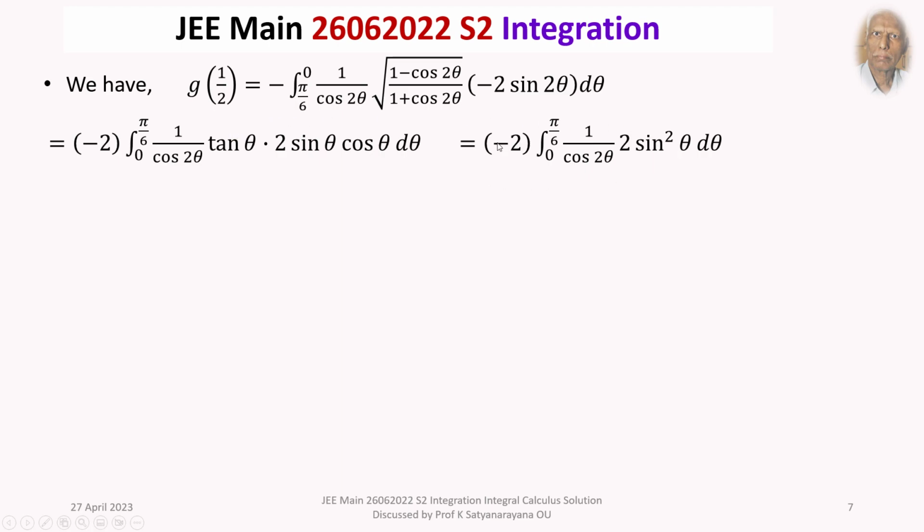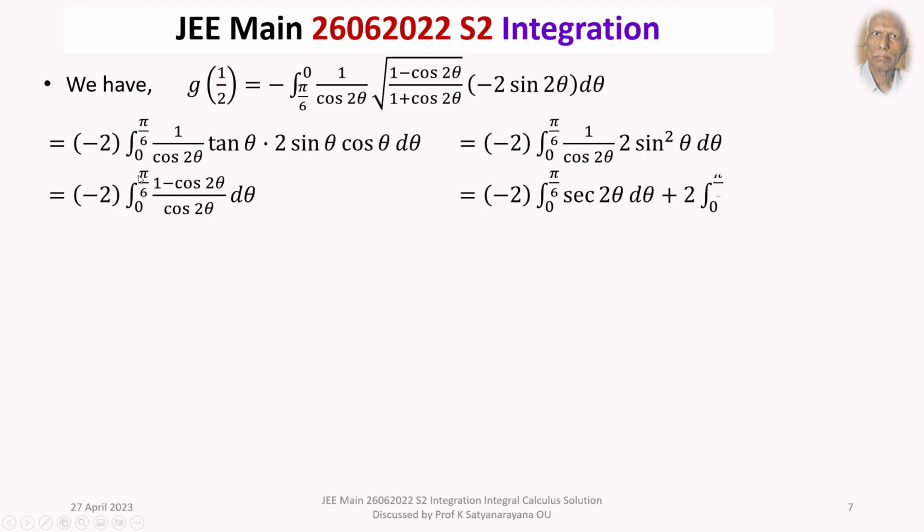So that will be equal to minus 2 integral 0 to pi by 6 1 by cos 2 theta into 2 sin square theta with respect to theta. Agreed. For 2 sin square theta, we will write 1 minus cos 2 theta. So that will be equal to minus 2 into integral 0 to pi by 6 1 minus cos 2 theta by cos 2 theta with respect to theta.